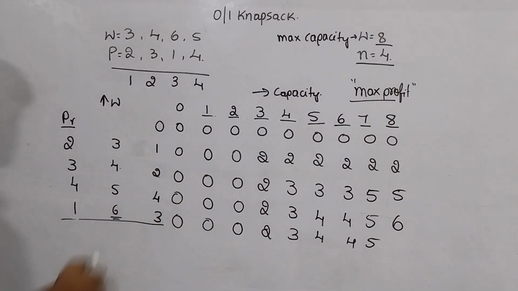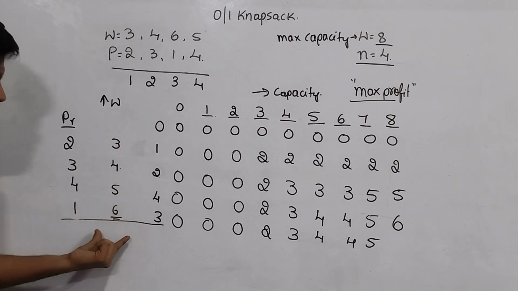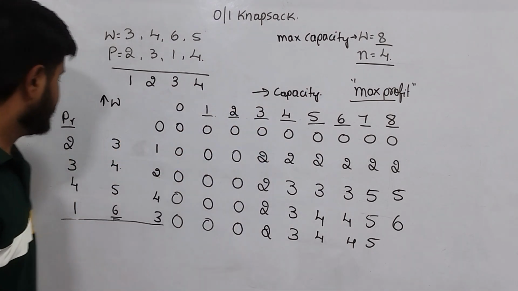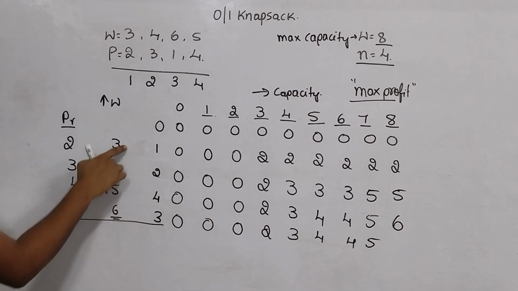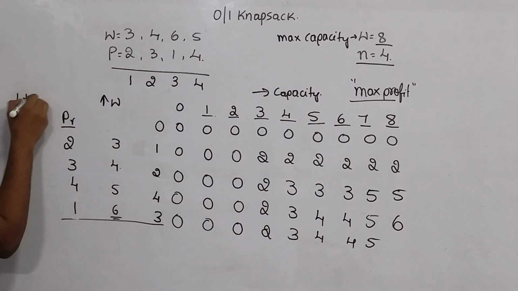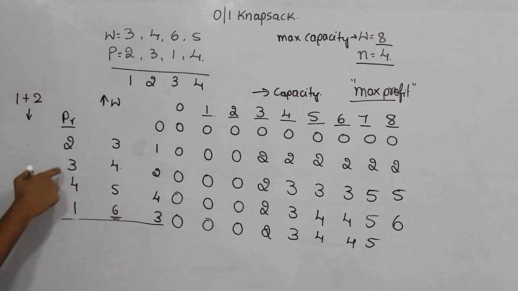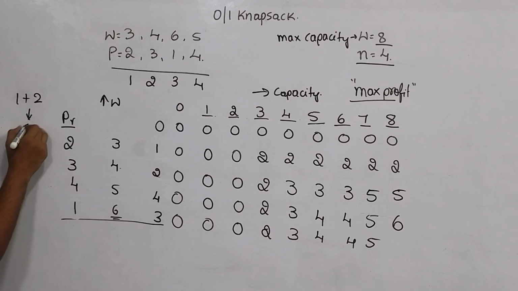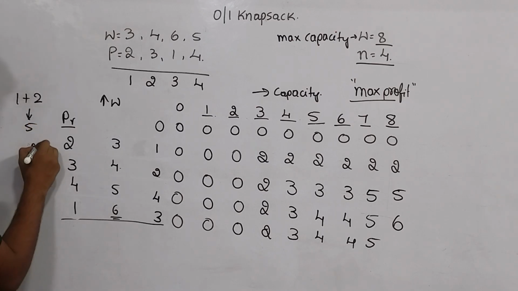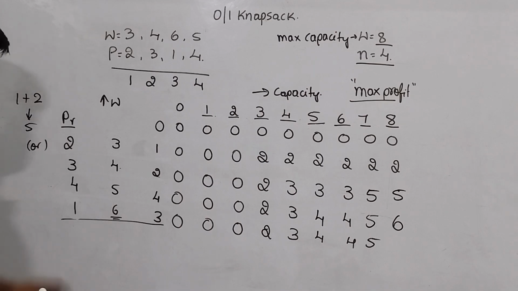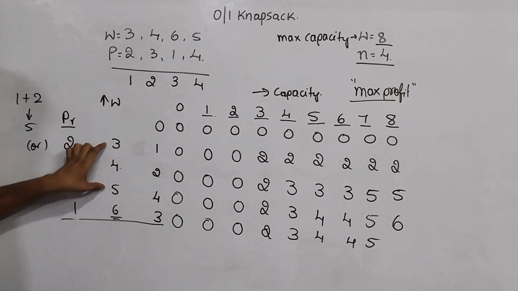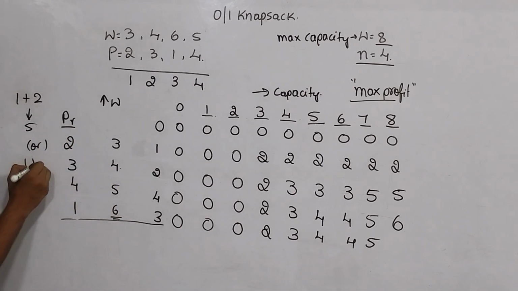Now we have only one left, that is capacity of 8. With capacity of 8, you can fill all these items because weight values are less than or equal to 8. Any combinations? Yes, 4 plus 3 will be 7. That is first and second item with their profit of 3 plus 2 as 5. Any other combinations? Yes, 5 plus 3. That is first item and fourth item.